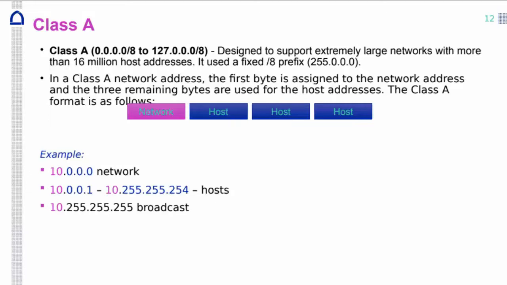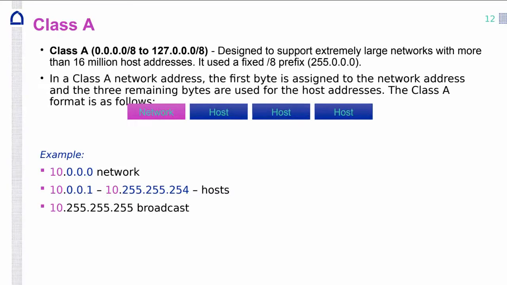These are all hosts. And what is the broadcast? The broadcast address that will be sent to everyone is 10, the network ID, and then for the hosts, I will put all 255, 255, 255, 255. This is the meaning of broadcast because I'm sending to everyone. So I will put all 1s for all the octets.